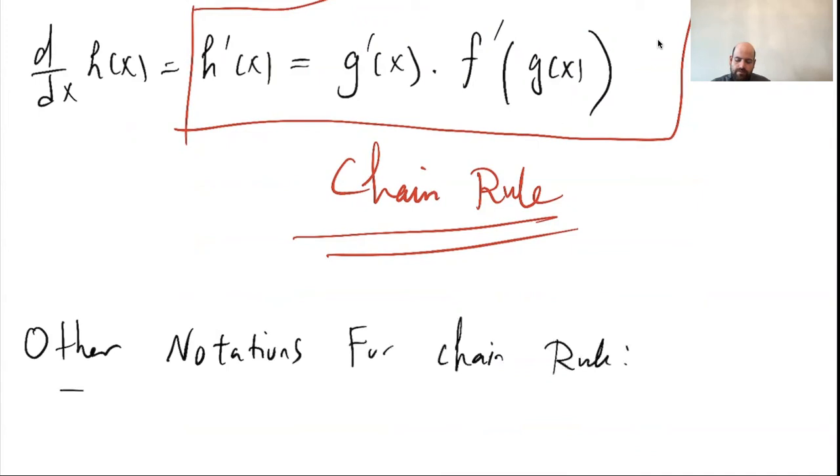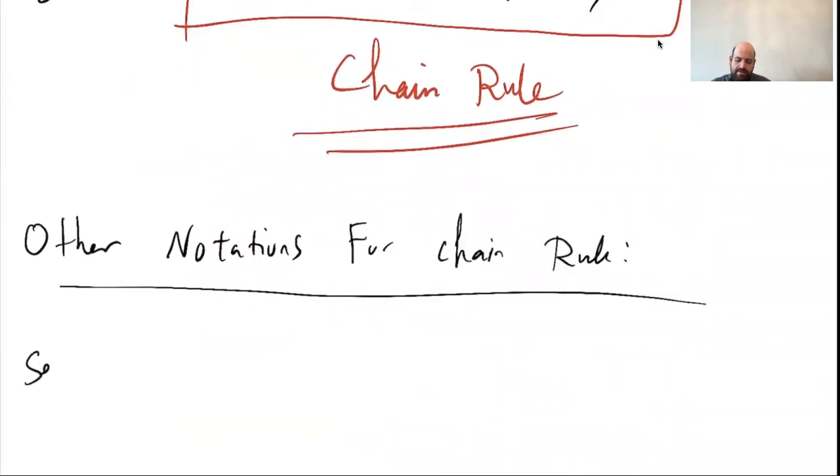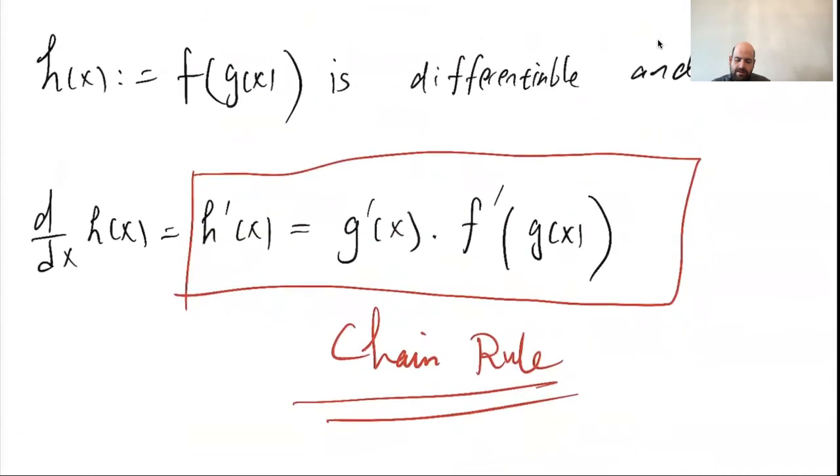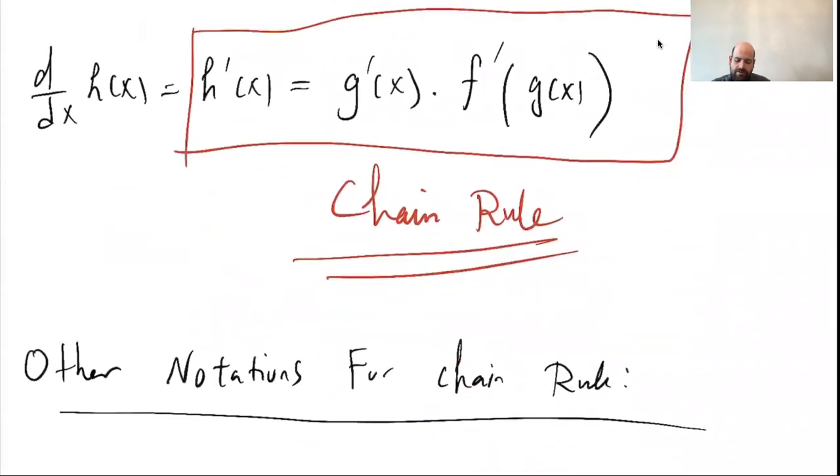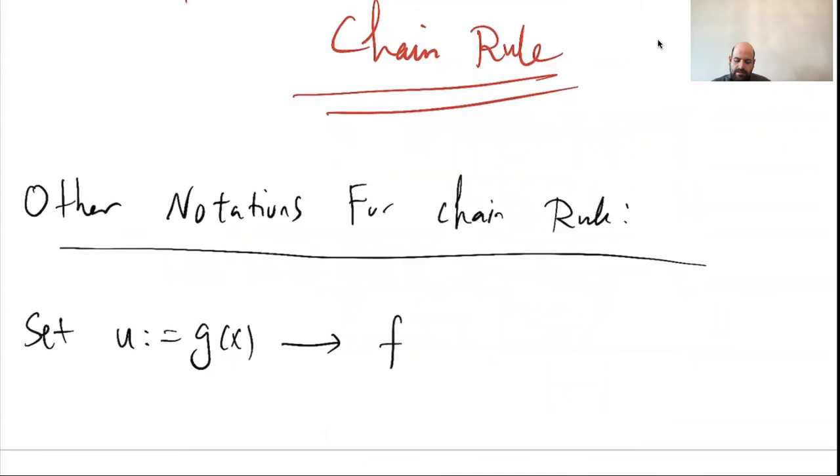One simple notation is that if I set u equals g of x, right? Then f of g of x will be f of u.